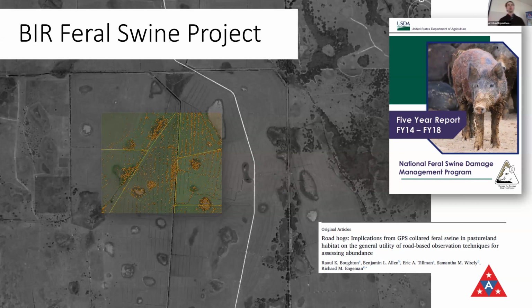So this project was originally funded with a grant from the National Feral Swine Data Management Program, which is something that the USDA administers, initiated in 2014. And with the money, Raul and Jesse deployed 44 cameras at Buck Island Ranch as part of a collaborative mark recapture project designed to help deepen our collective understanding of feral pig biology in the United States.